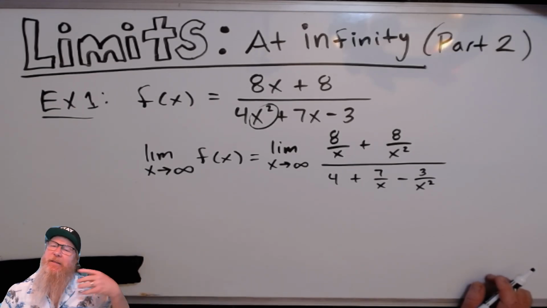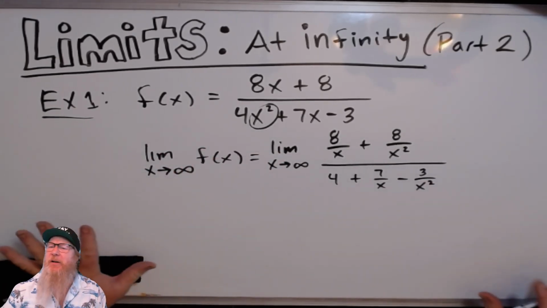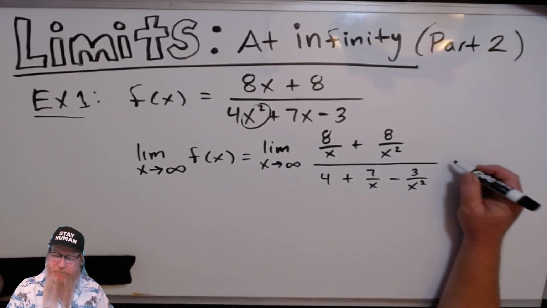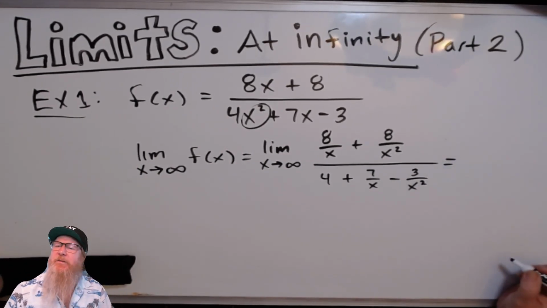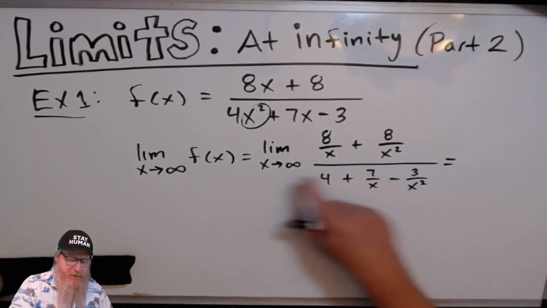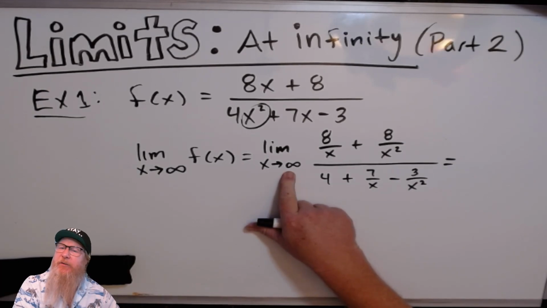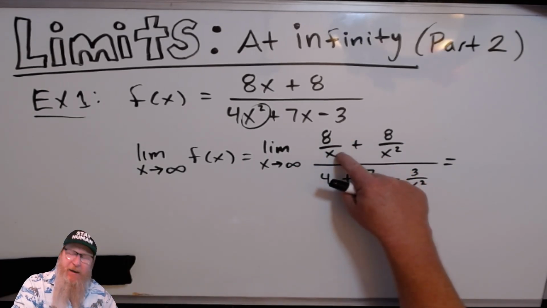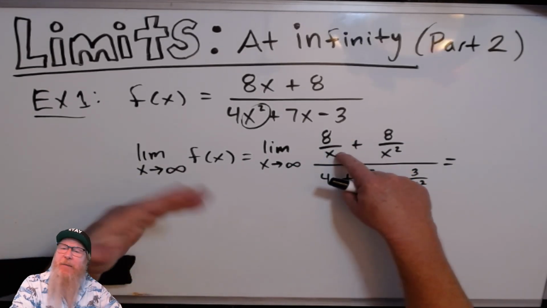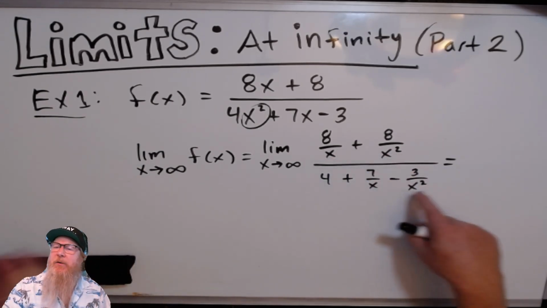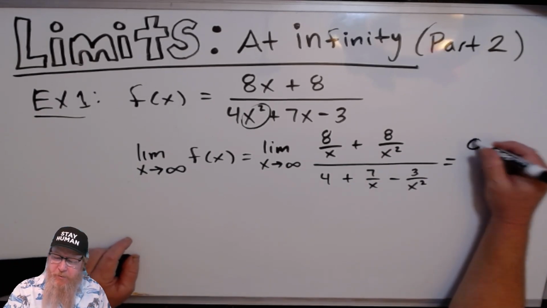All right. In the first part of the video, I showed all of the steps, and it took up a lot of space. So I'm skipping that and jumping right to it. All right, so now as x gets very large, we do have a theorem that we learned in the first part. A constant divided by x to any power larger than 1. So this is first power, second power, so on and so forth, will always approach 0.